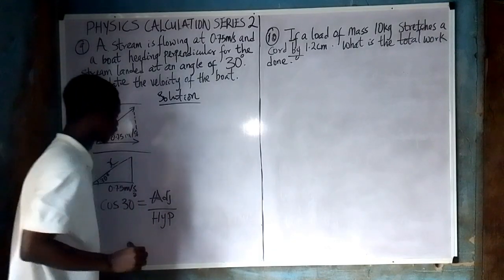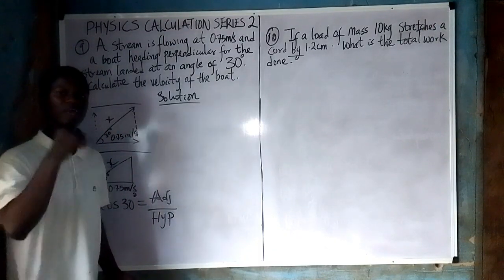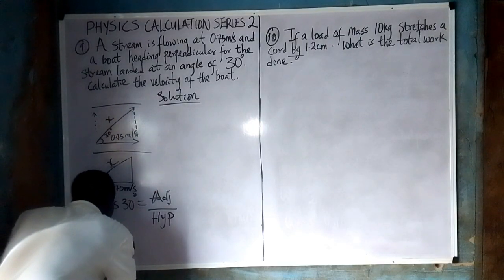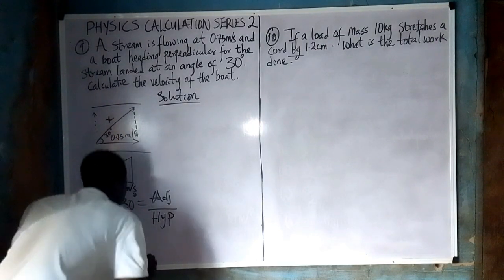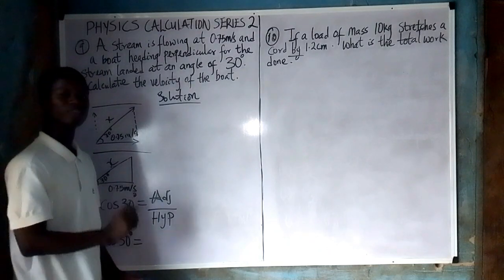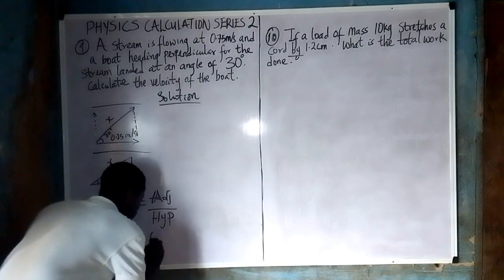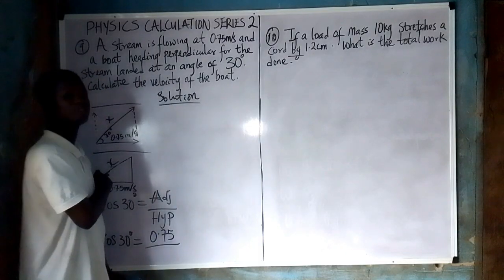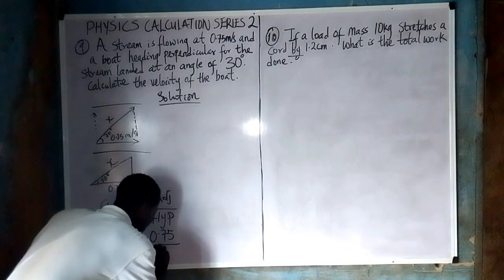Now ask yourself, what is our adjacent and what is our hypotenuse? Our adjacent is 0.75. So 0.75 over what is our hypotenuse? Our hypotenuse is x, the longest side.